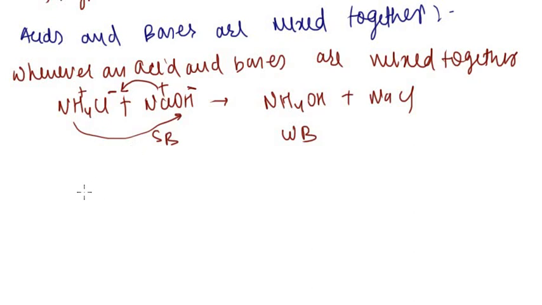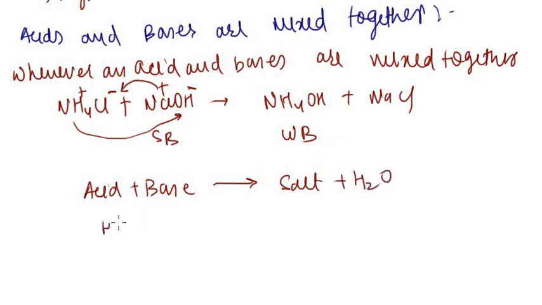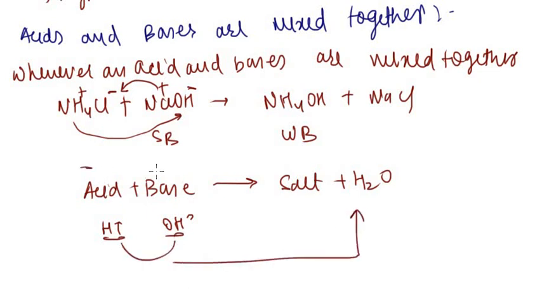Whenever we have an acid and base, we will have salt plus water, because acid has the H plus part and base has the OH negative part. So it will form water, and the cation and anion together form the salt. So whenever we mix acid and base, it forms salt and water.